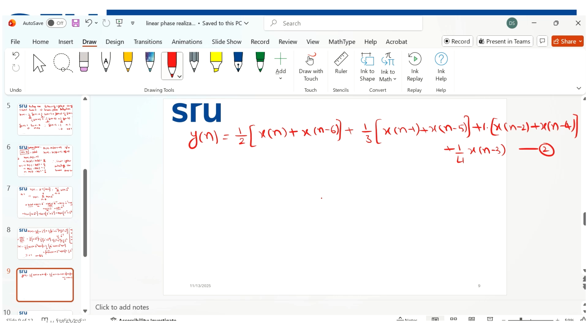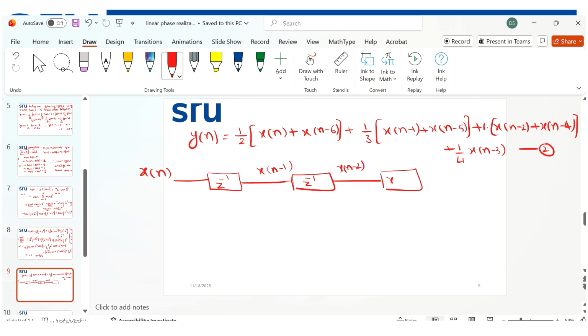So if you identify what the input is here, input is x of n and output is y of n. So first input, now whenever it is delayed by one sample, it will generate x of n minus 1. Again after delaying by one more sample, it will generate x of n minus 2.